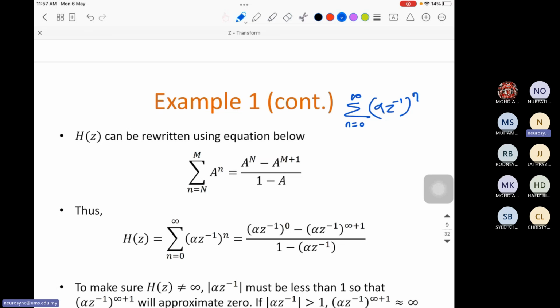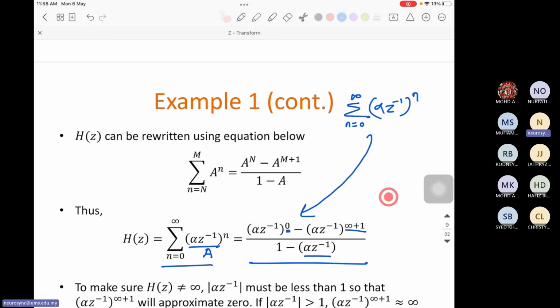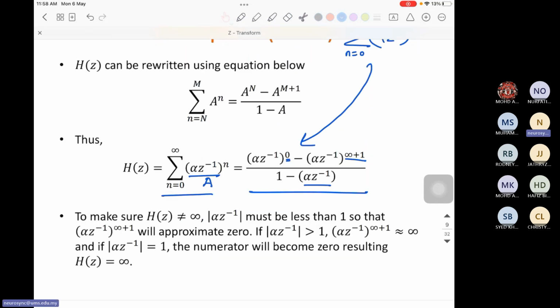So this is A to the power of the lower limit 0, minus A to the power of the upper limit plus 1, divided by 1 minus the term A. Now this is our Z transform of alpha to the power n z to the power minus n.